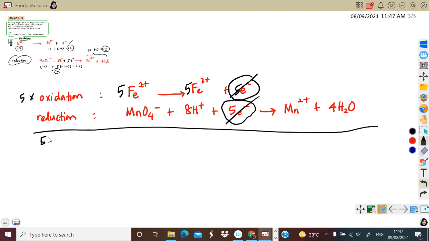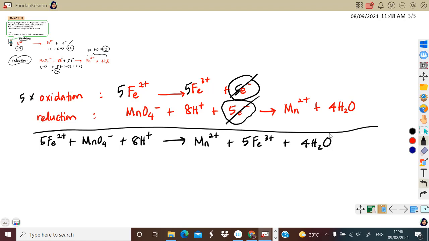So, we get 5 mole of iron 2 plus, permanganate ion, plus 8 mole of proton, converted to 1 mole of manganese ion plus 5 mole of iron 3 plus and 4 mole of water. Alright, okay. So, please check the charges, the total charges.